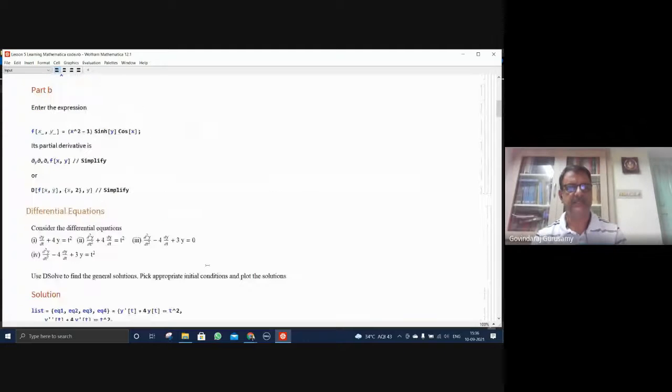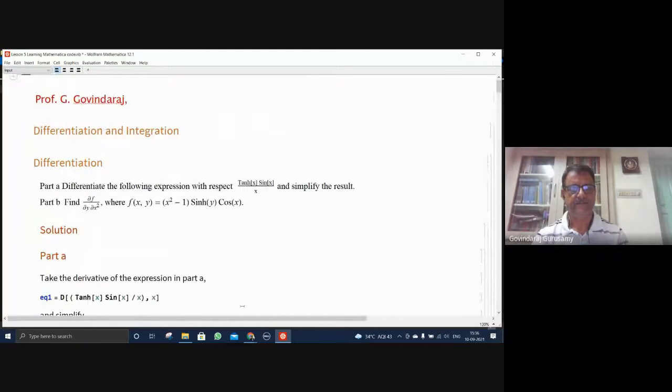Okay, so let's start with this. We're going to learn part A. Differentiate the following expressions with respect to this, and simplify the result. Find this. This is a partial derivative, isn't it? Where f of x comma y is given as x square minus 1, sinh y, cos x.